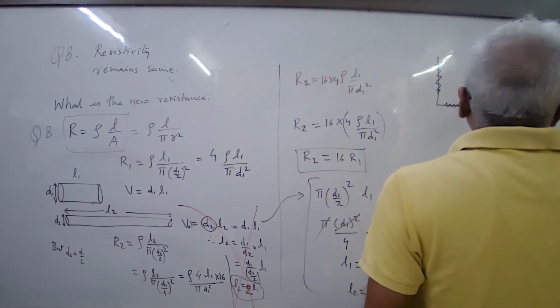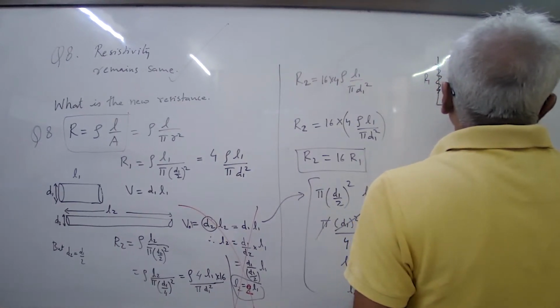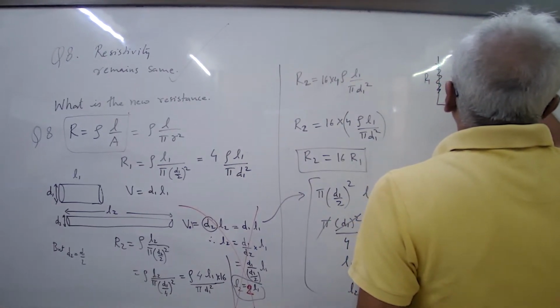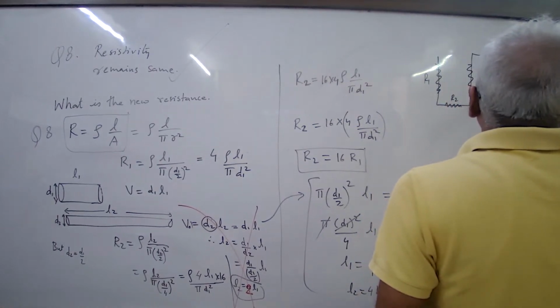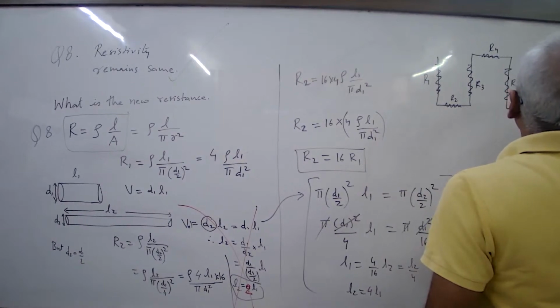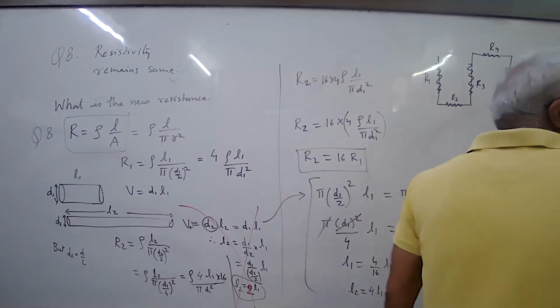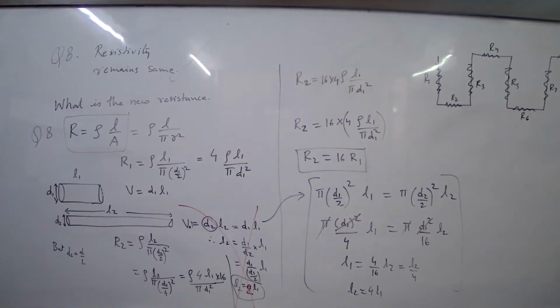So you have how many resistances? R2, R4, R6, R8. What type of network is this? So this is parallel. It's okay.